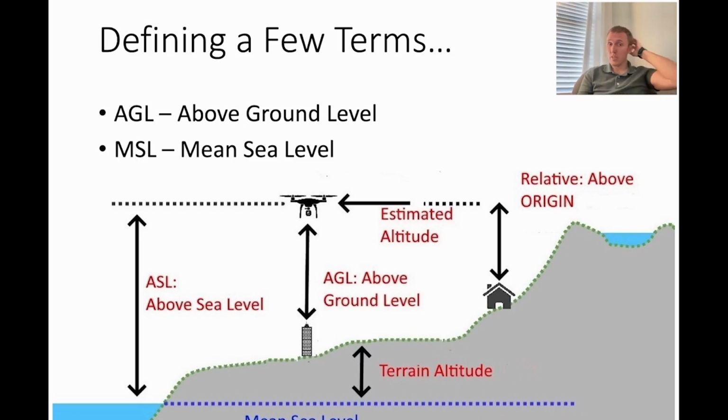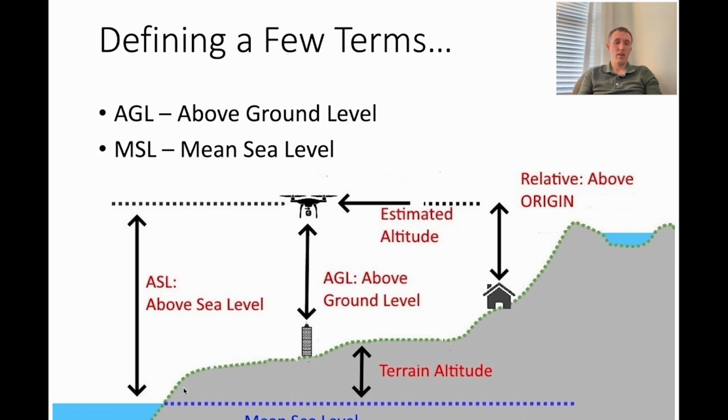And again, the difference between AGL and MSL or ASL is just going to be the elevation of the point on the ground where you happen to be standing. If the elevation is changing, the AGL height is also going to be changing. But the MSL level, in this case here, is a constant MSL height or ASL height. But the AGL is changing depending on where you are on the ground.